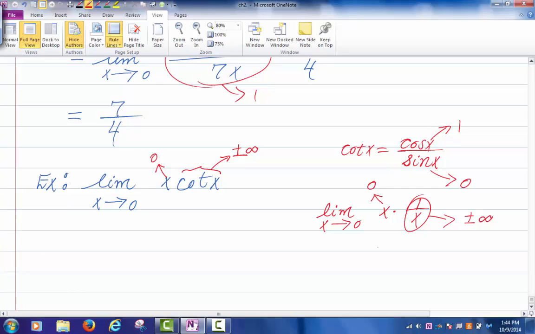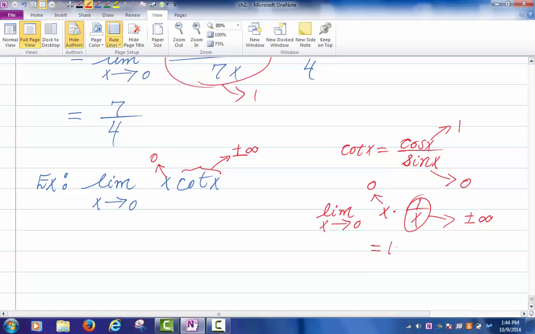So the limit here is 1. However, the individual limits were 0 and plus or minus infinity. Again, my point is, by looking at the limits of the factors, we cannot come up with the limit of the product.